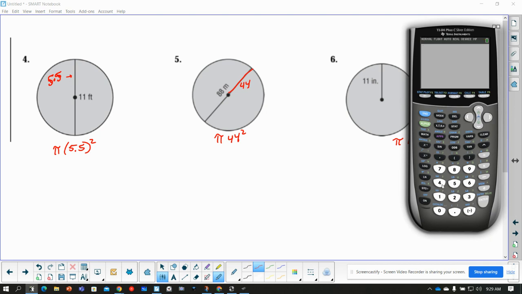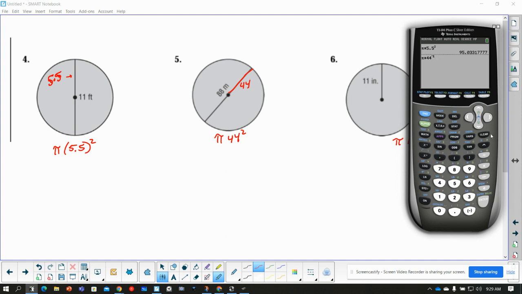So pi times 5.5 squared. And then we're going to do pi times 44 squared. So pi, hit the wrong button. Pi times 44. Oops, too many.